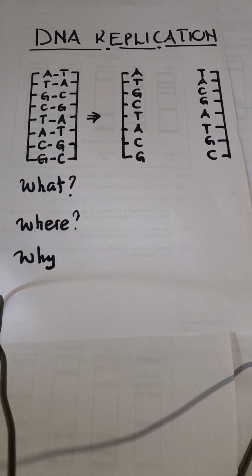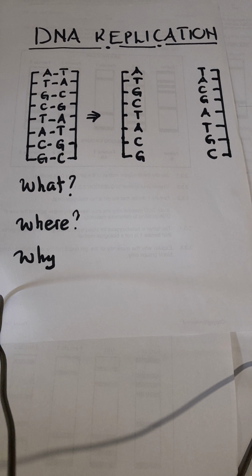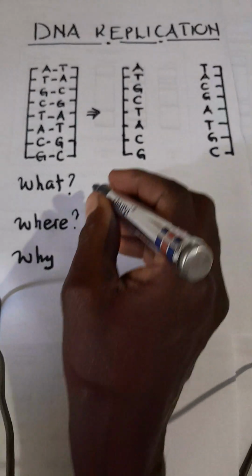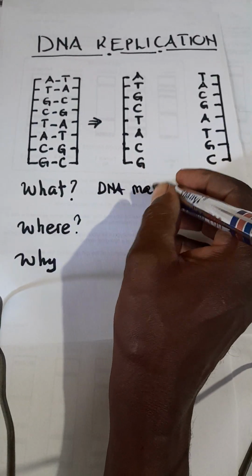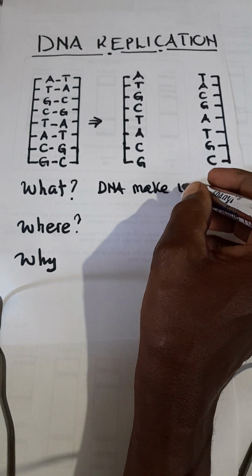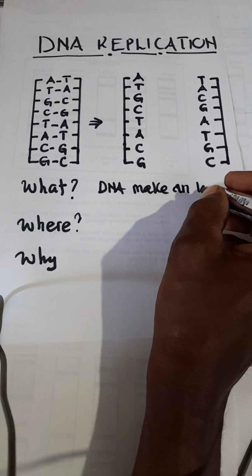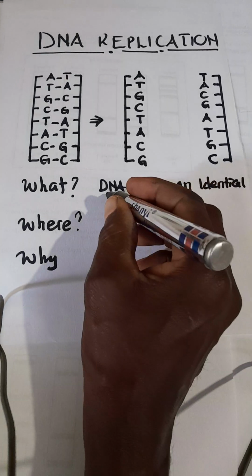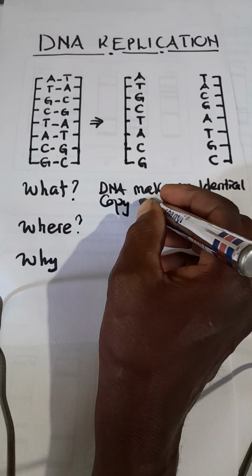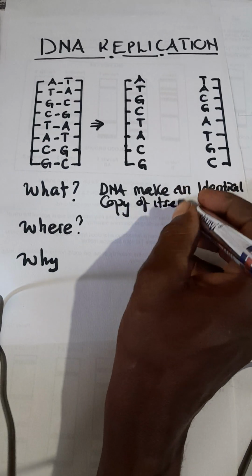Now, in simple terms, what? DNA replication is the process by which DNA makes an identical copy of itself.